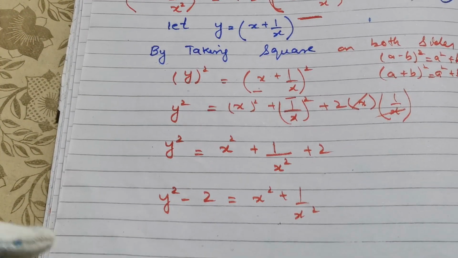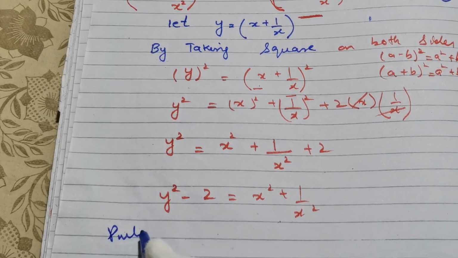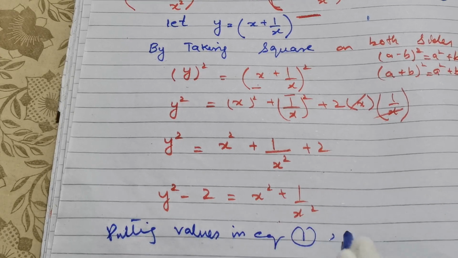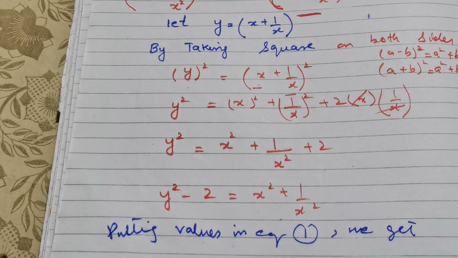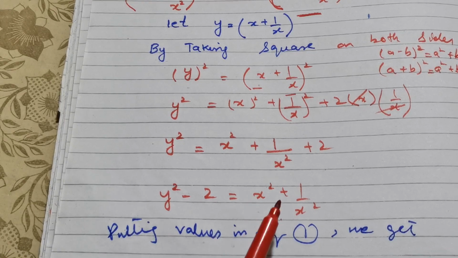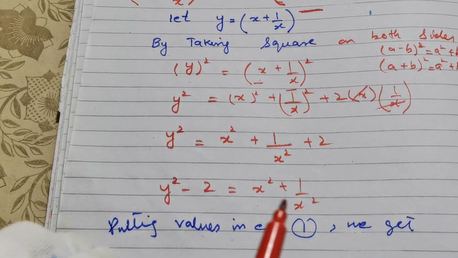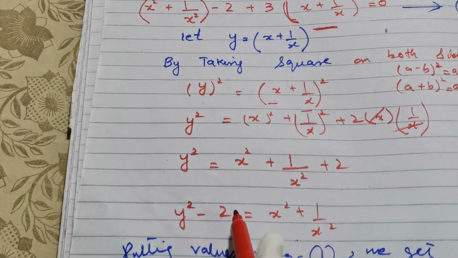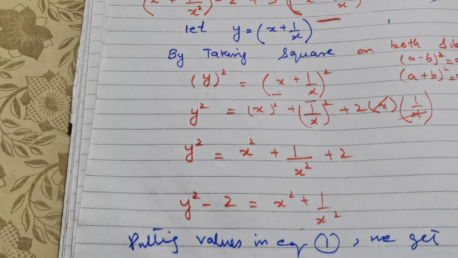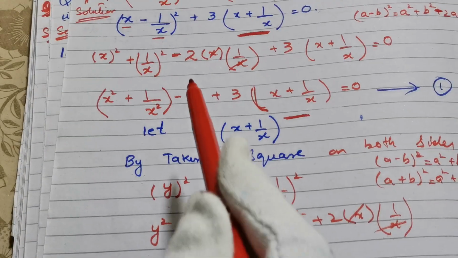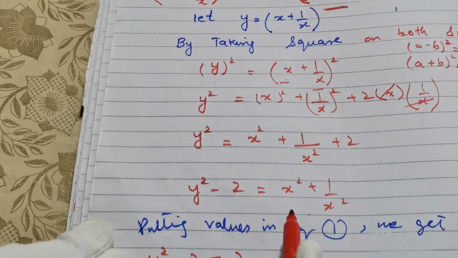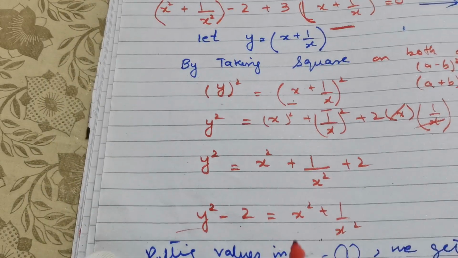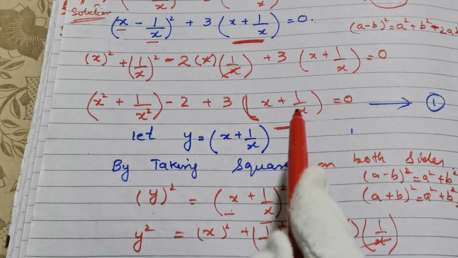Putting values in equation 1, we get x square plus 1 by x square is equal to y square minus 2. So we write y square minus 2, and the minus 2 as it is, plus 3 times (x plus 1 by x).